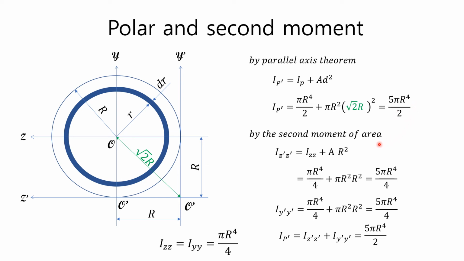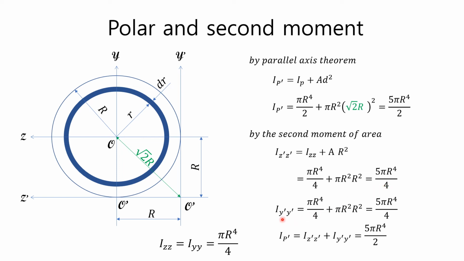In the other way, to find the polar moment, let's start with the second moment of area. By the parallel axis theorem, Iz prime equals 5 pi r to the 4 over 4, which we got in the previous slide.